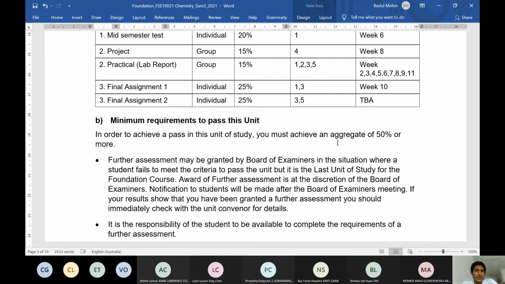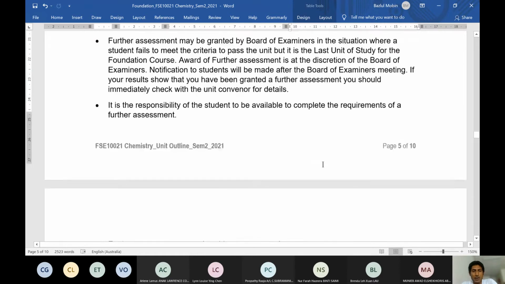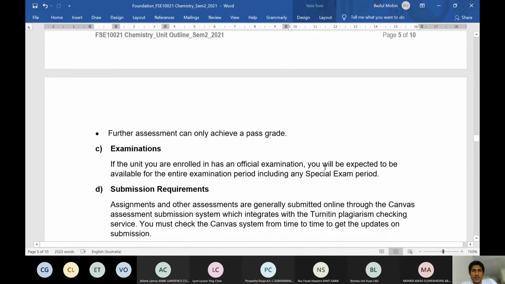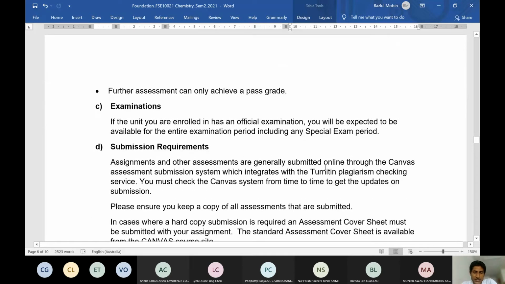And for the final assessment, if you get less than 50%, then you are considered not pass. If you take it seriously, then it is not that difficult.